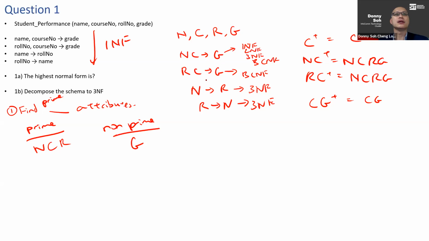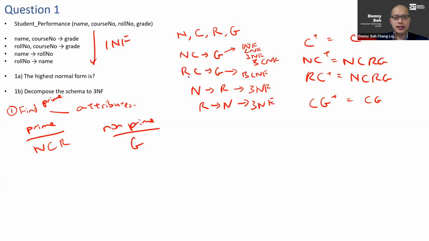RC implies G, yeah. So RC is a prime. So it passes 2NF, it passes 3NF, and actually this also passes BCNF because RC is a primary key. So I think there's some bug in this question.